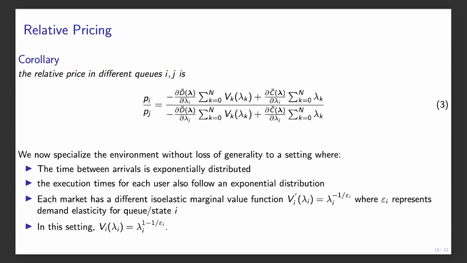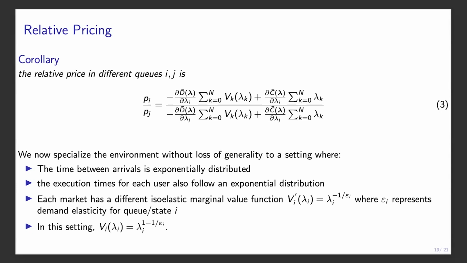A corollary of this is that I want to take now more assumptions to get to a simple expression that captures the insight that I mentioned earlier. For specific distributions of valuations and cost functions, you can actually find the relative prices that keep equilibrium in the markets.